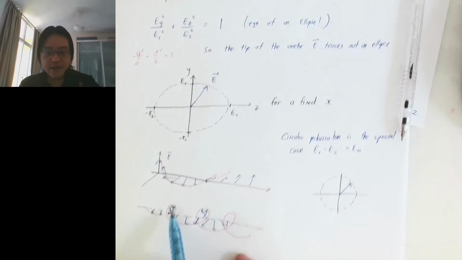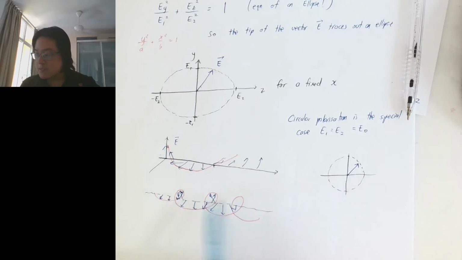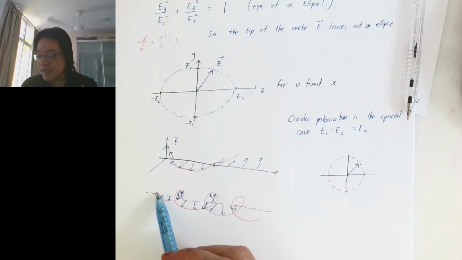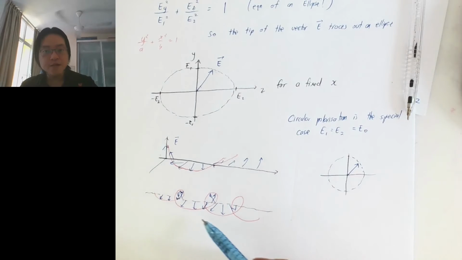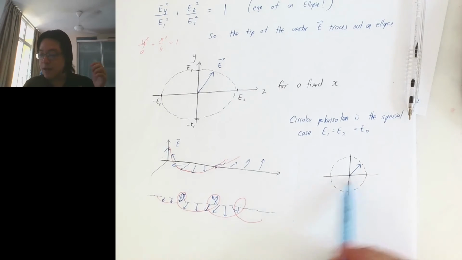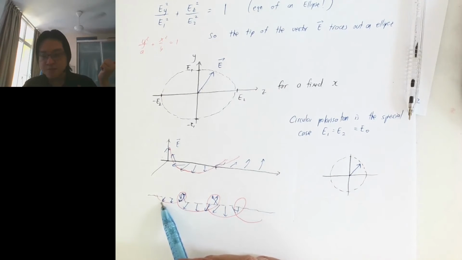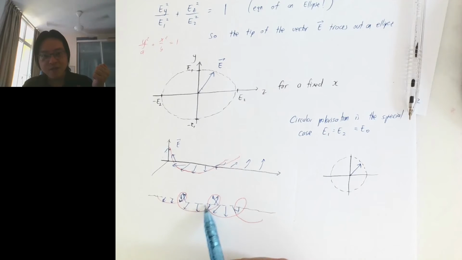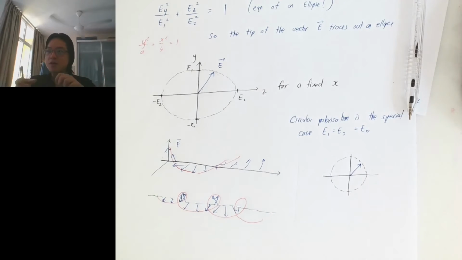Now, how do we get a helix? This is because for different kx, we've got a different direction of the vector. So imagine if at time 0 you take a snapshot, the E vector for this x position is pointing here, the E vector is here, and then all that, right? So if you take the snapshot, you got all the vectors pointing in the round direction.